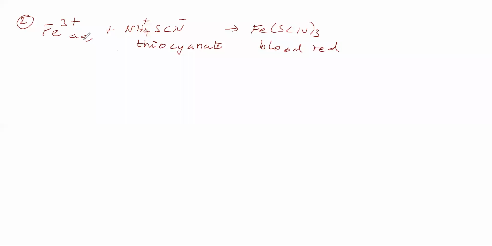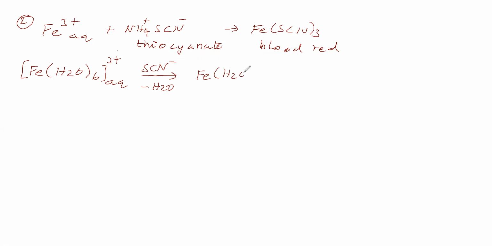Fe3 plus in aqueous solution is present in the form of the complex [Fe(H2O)6] 3 plus. First, one water is replaced by thiocyanate, so you get [Fe(H2O)5 SCN] 2 plus; 3 plus becomes 2 plus because of SCN minus.